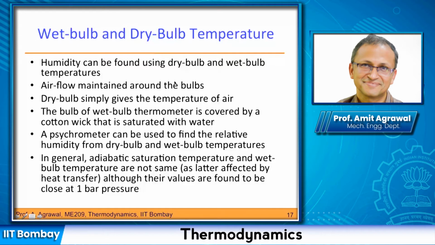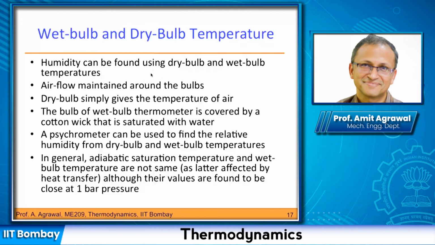On one of these, the bulb where the mercury is situated, you cover with a wet cloth, and then you let air pass through the two thermometers. Whatever temperatures you get become your wet bulb and dry bulb temperatures.